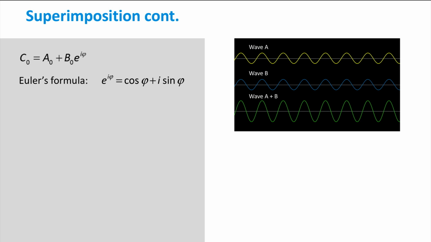Euler's formula relates the complex exponential waveform to its trigonometric function. Since we are only interested in the real part of the trigonometric function and not the imaginary part, we can rewrite this superimposed wave amplitude C as A plus B times the cosine of the phase shift.